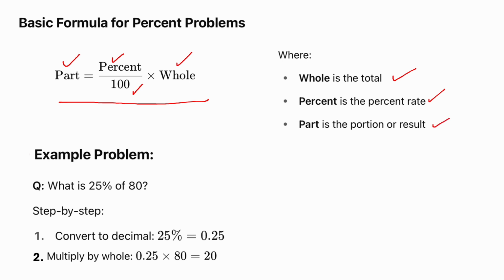So let us apply that to this example, which says what is 25% of 80. In step 1, I will convert 25% to decimal 0.25, and then in step 2 multiply the whole number, which is 80, by 0.25. So my answer will be 20.